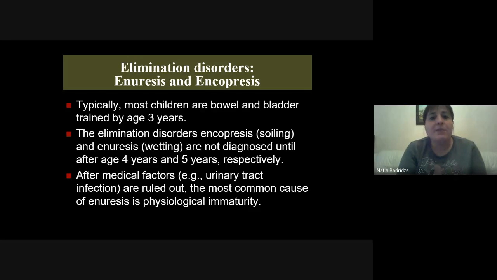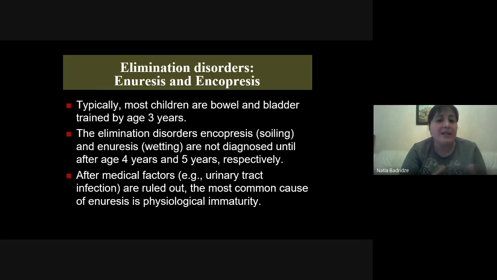Next are elimination disorders like enuresis and encopresis. Typically most children are bowel and bladder trained by the age of three. The elimination disorders, encopresis and enuresis, are not diagnosed until the age of 4 or 5.